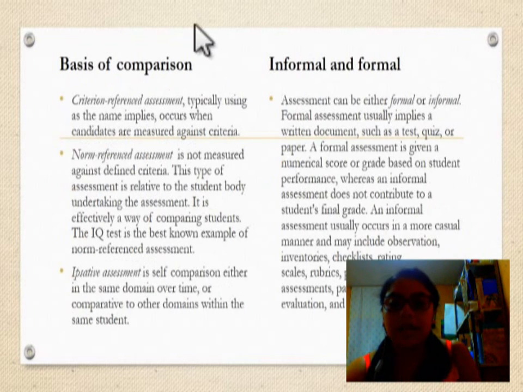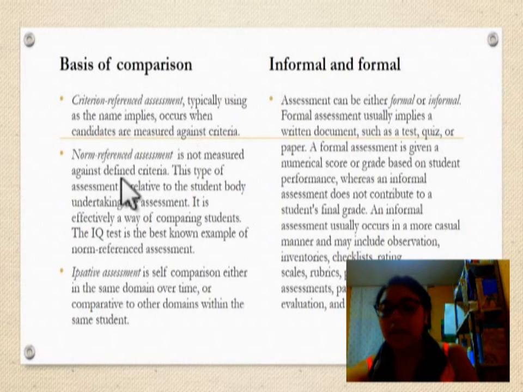The third is the basis of comparison, where we have three types. The first is criterion-referenced assessment. It is used when candidates are measured against criteria.